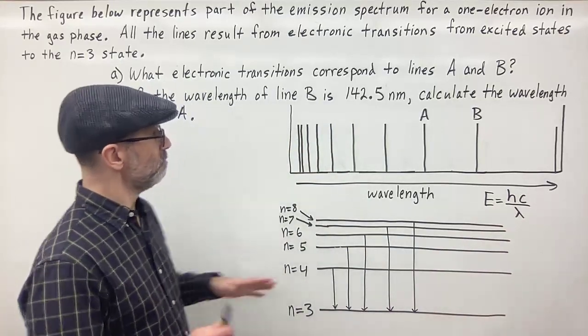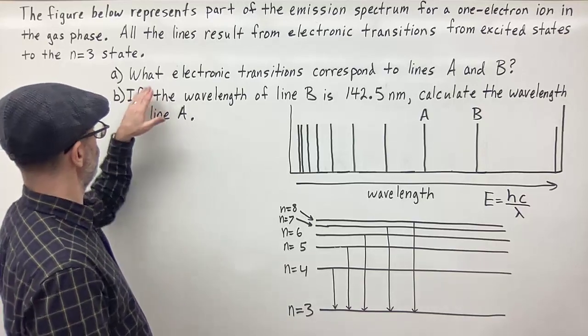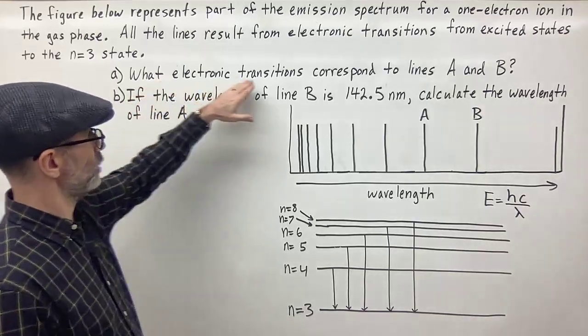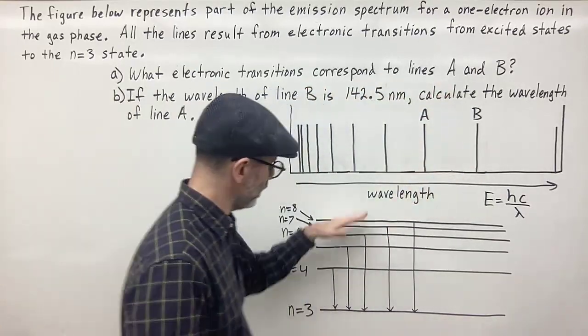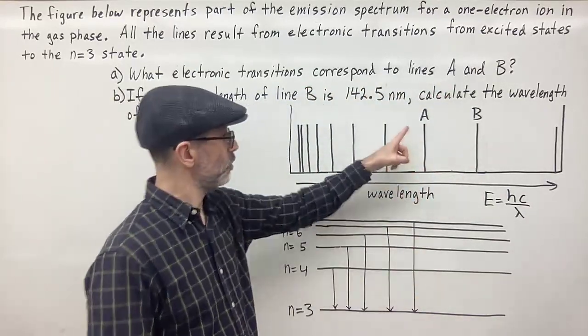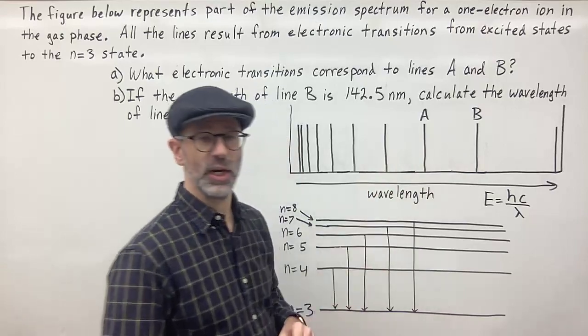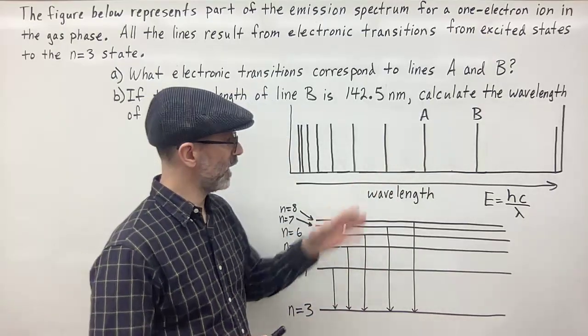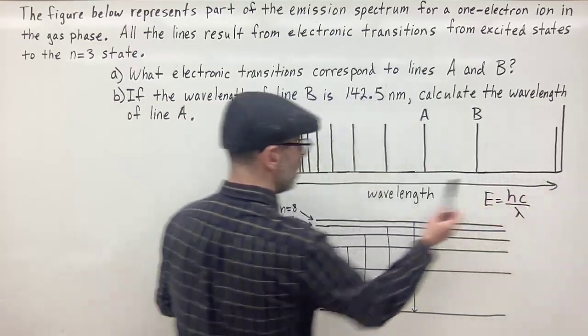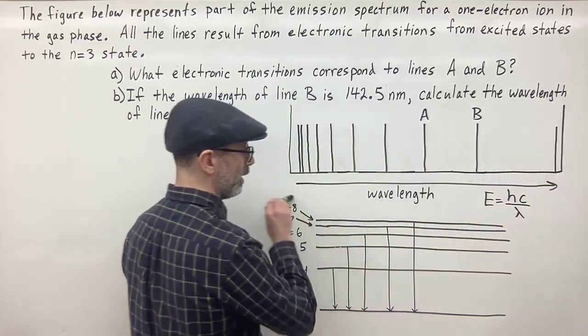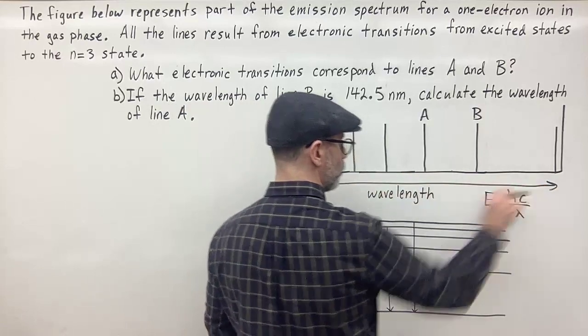Okay, so let's go back to the question and remind ourselves. It's asking what electronic transitions correspond to lines A and B. So which electron transition corresponds to these two lines here? In order to answer that question, we have to think about what's going on here. We're told wavelength is increasing this way.